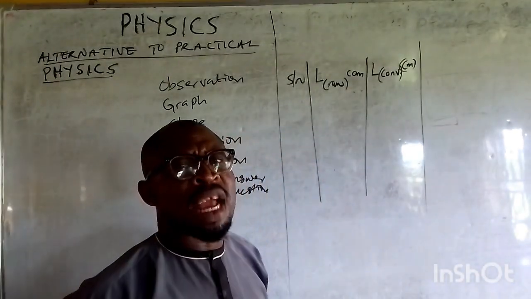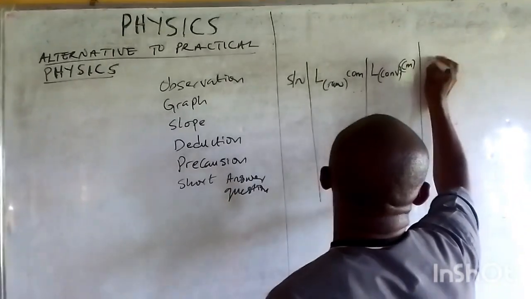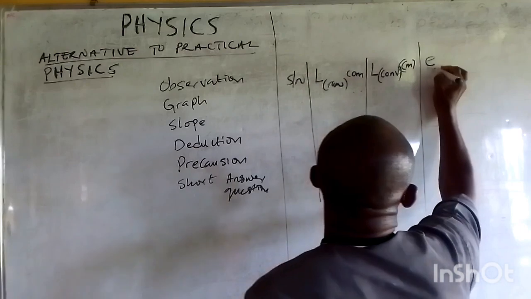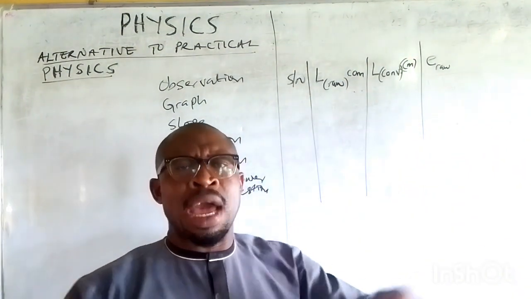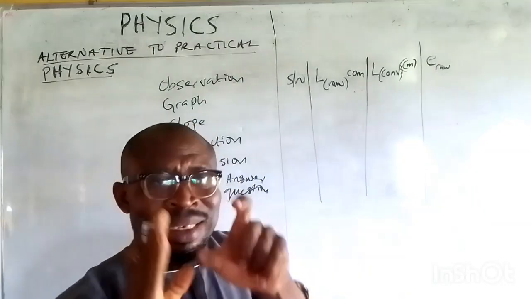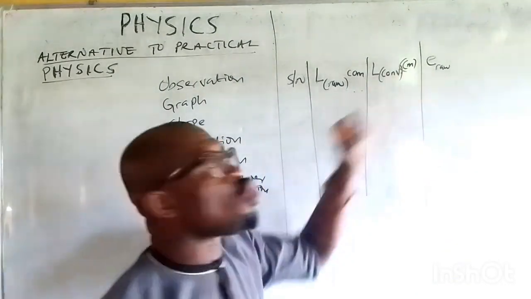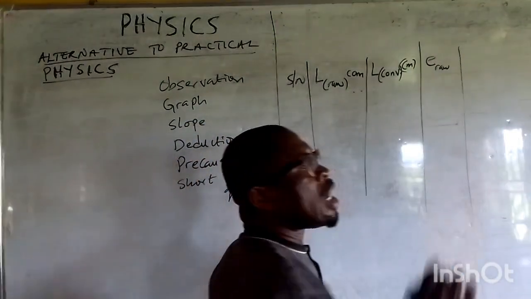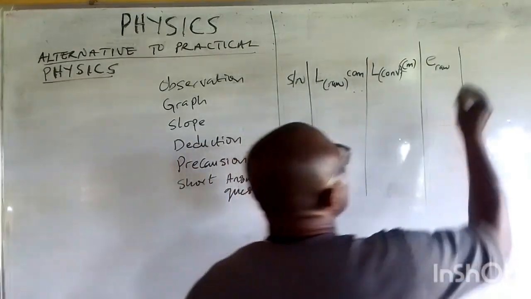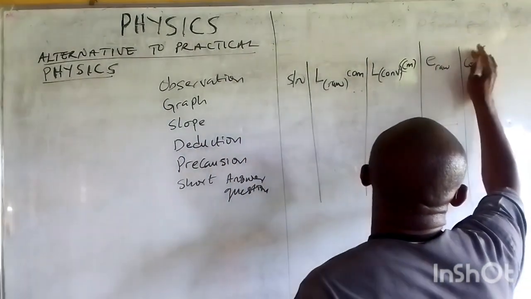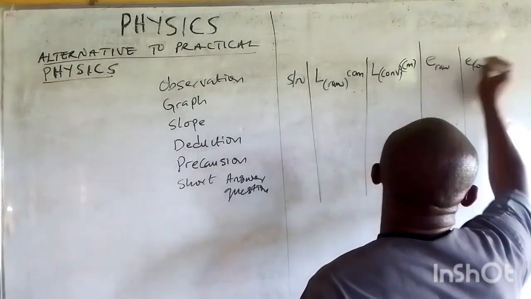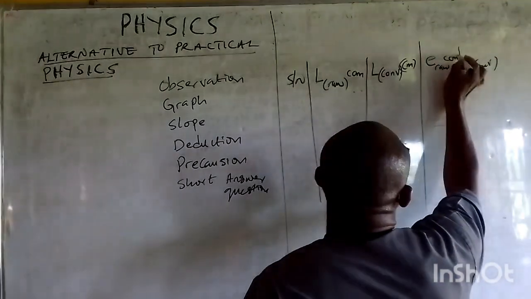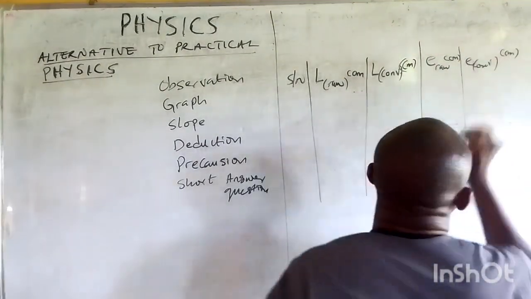The next one, assume you are given extension. You put extension, and put down the raw value, because the conversion scale must be given there. So it is necessary that you put down the raw value, create a column for it, and the converted value of the extension. Please put, of course, this one is measured in meter, this one is measured in meter.